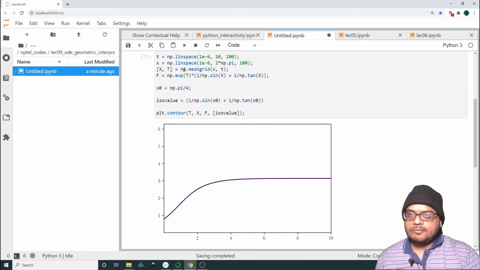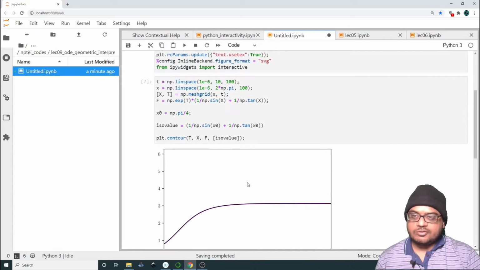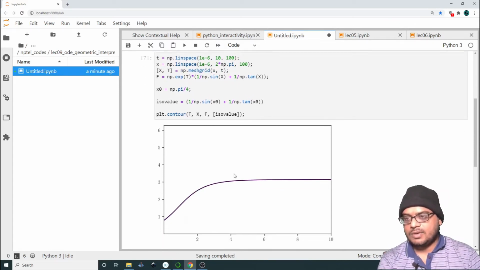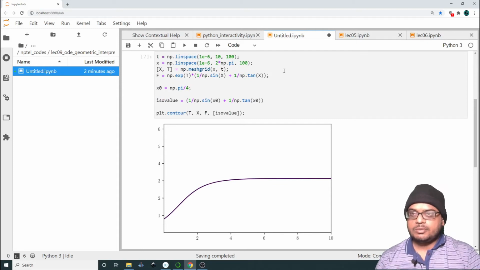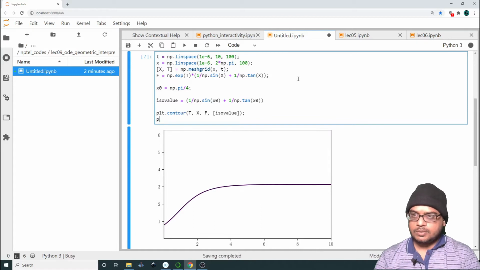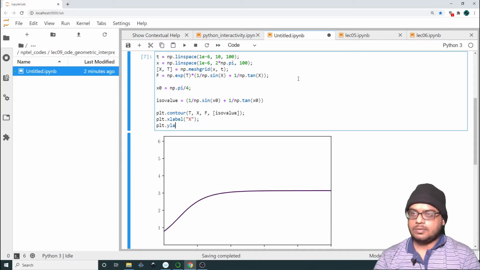So now, because of this, we have this particular curve. This is the solution. So essentially this curve is the solution that we're looking for. So let me put some labels. In fact, x-axis is time and this is x.